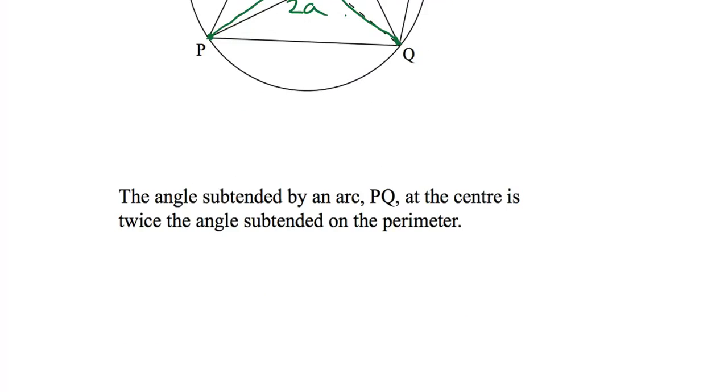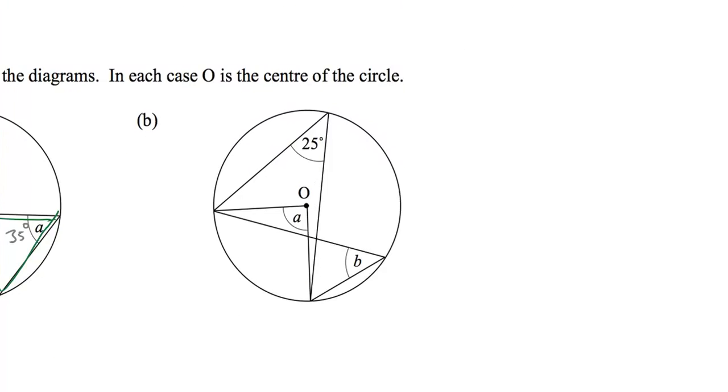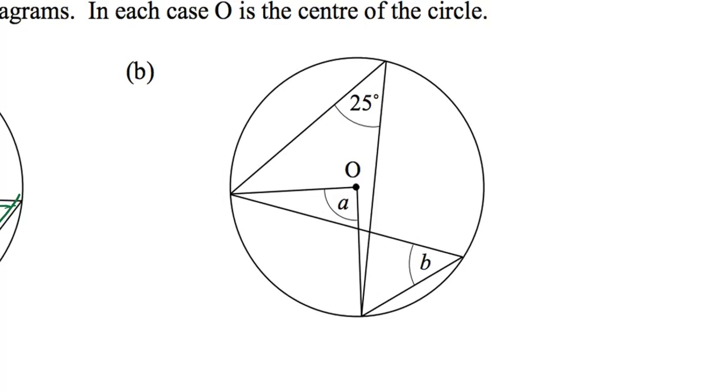Let's take a look at that second example now and see if we can work out what the angles are here. So using that property, we've got two points going to the outside, look, and going to the center. This is exactly what was above. So that means that the angle to the center is double the angle to the outside, which means A is 2 lots of 25.